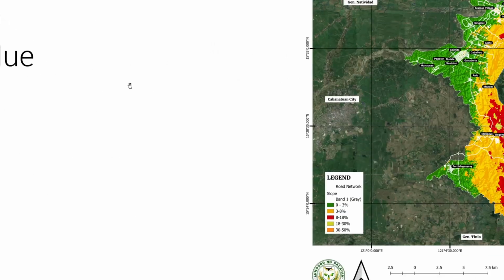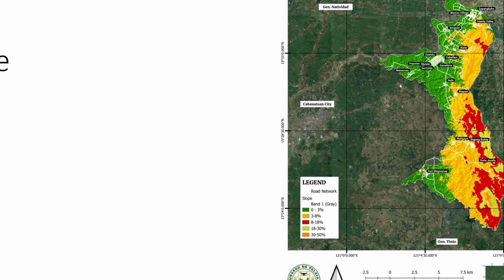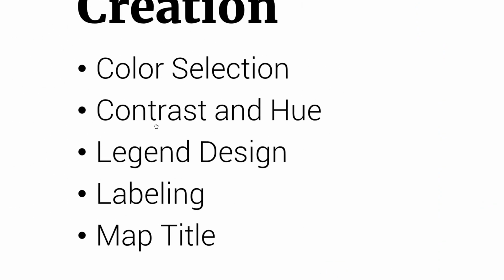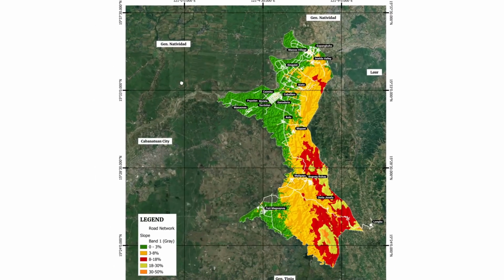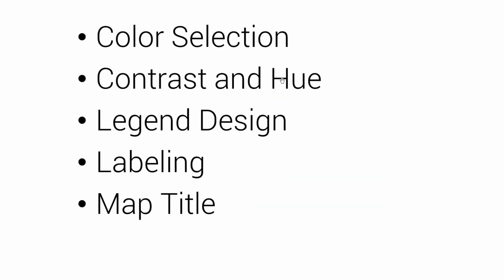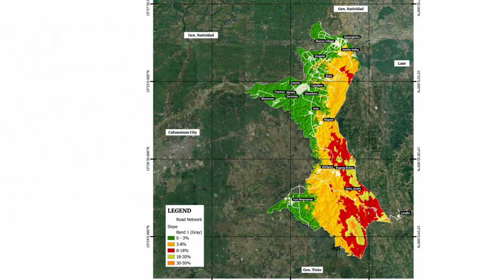So, color selection, when we say green, pwede pa. Now, choose a color scheme that is intuitive, visually appealing, and suitable for colorblind users. I think ito, pagka high contrast naman to, is mababasa naman nila. Contrast and hue. Ensure sufficient contrast between map elements to enhance readability and differentiation. Yes.